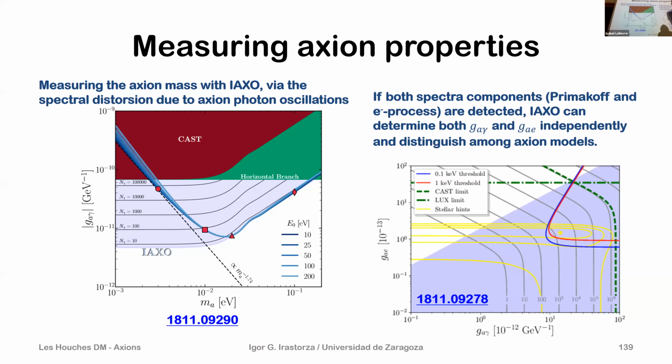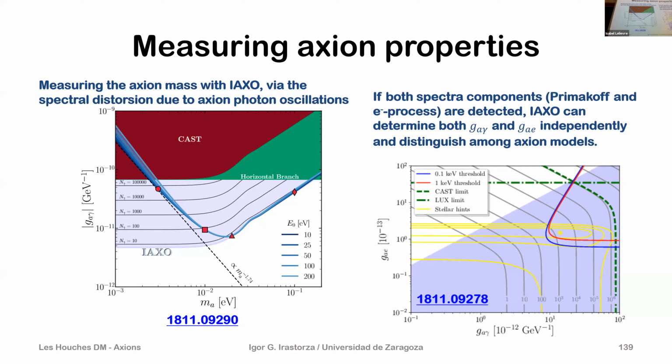And then if one day we have a positive signal in a helioscope, in JAXO in particular, then you can do many things. You can measure the axion mass. This we mentioned already also for the fourth lecture. If we are lucky and the signal is close to the place where the sensitivity goes up, then you have sensitivity to the axion mass because the spectrum gets distortions from this onset of oscillations in the mass. If the axion is somewhere here, we could determine the mass.